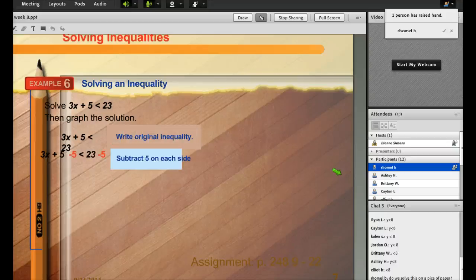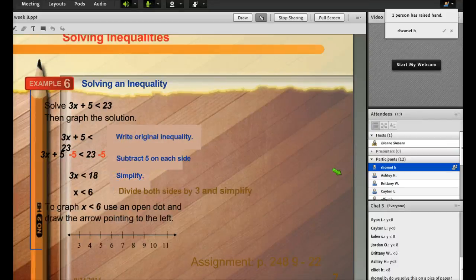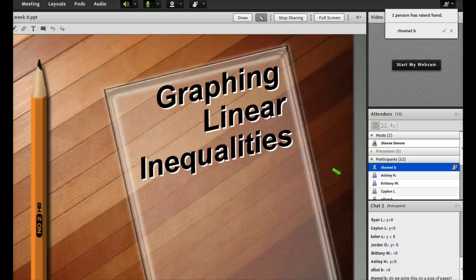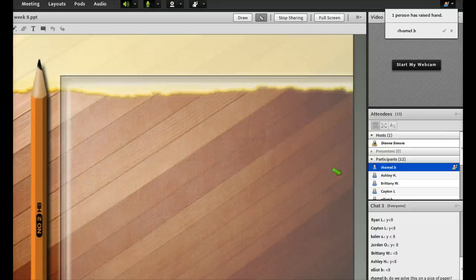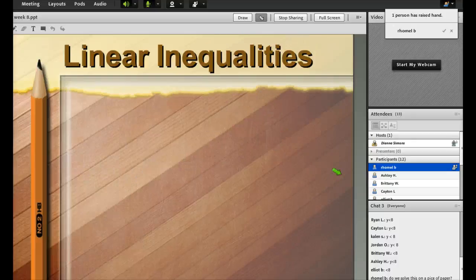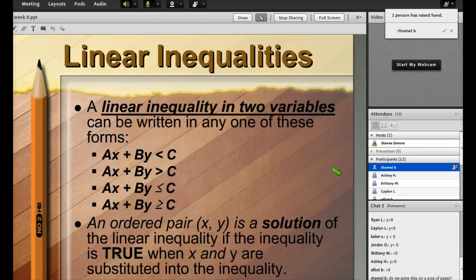Okay, I'm going to assume that you guys know how to solve these because I want to get to the graphing part. All right, ready for the fun stuff? We're going to graph on a coordinate system. Now, your equations can be in this form.